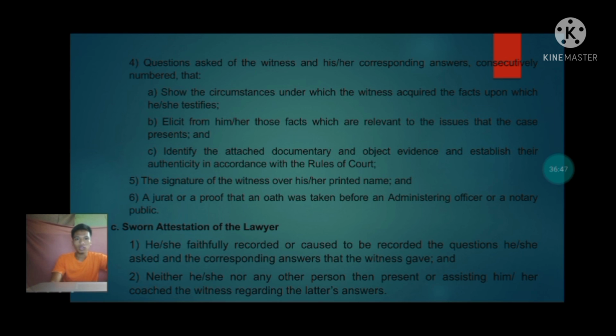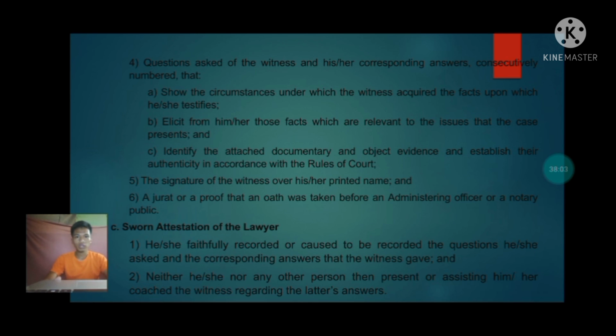Number 5 is the signature of the witness over his or her printed name. And lastly, number 6 is a jurat or a proof that an oath was taken before an administering officer or a notary public. And letter C is a sworn attestation of the lawyer.